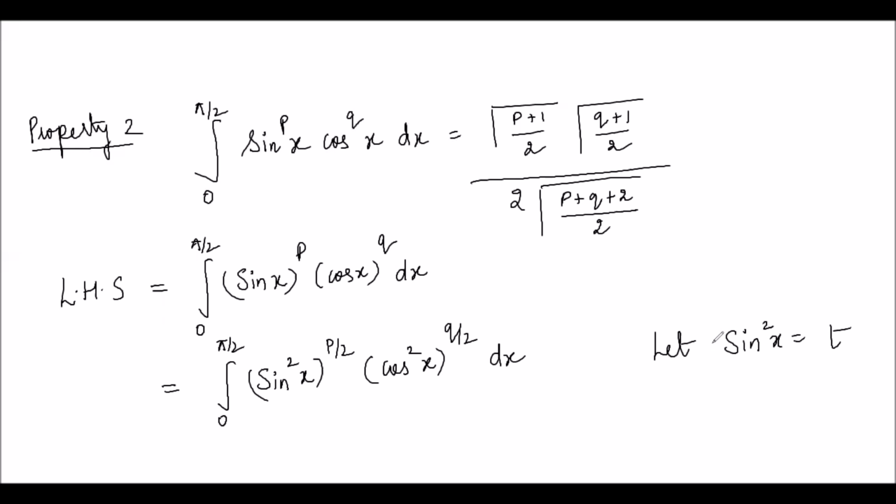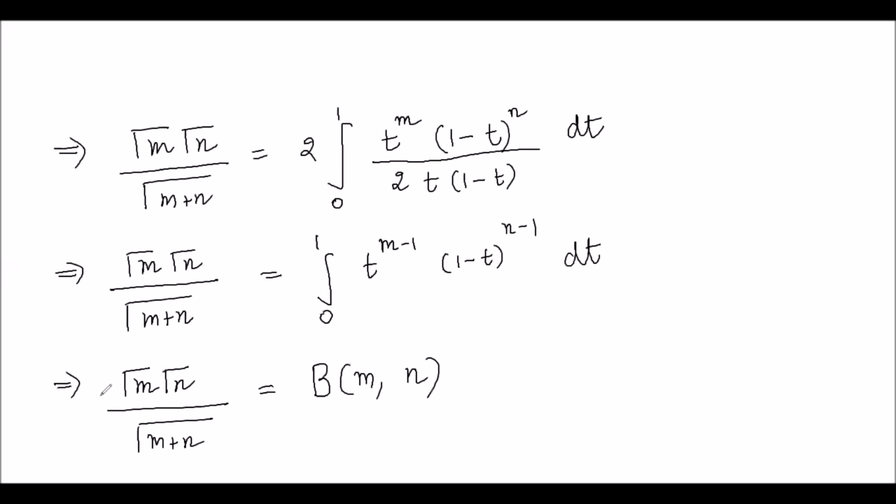Because that will tell you what m and n are in beta of m, n. And once you have those m and n, use the relation which we have established right now between beta and gamma function.